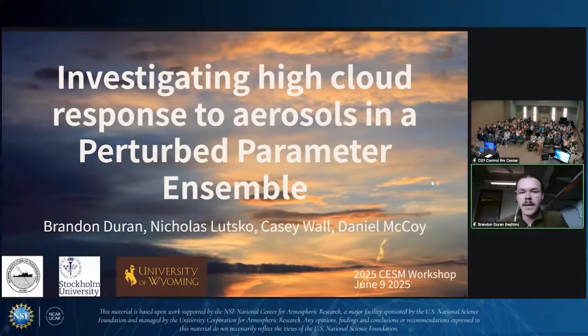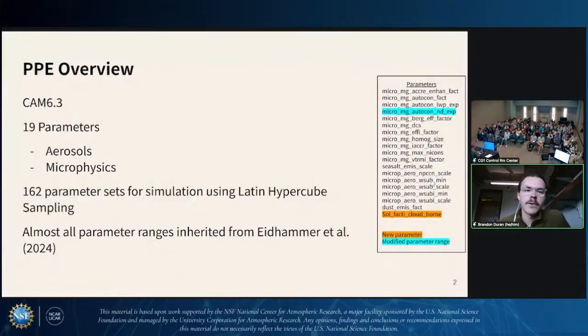So I'll jump right in, give a little brief overview of the PPE that we're looking at. So we're running this PPE with the version of CAM 6.3. If you're familiar with the PPE that was run a couple years ago by Trude and a few other folks, it's pretty similar to that, except that we've really reduced the number of parameters that we're looking at.